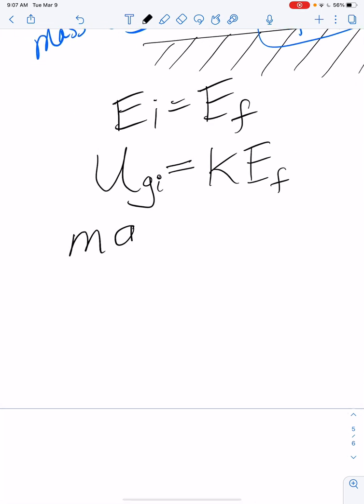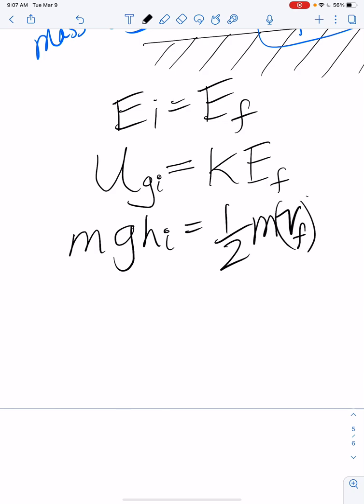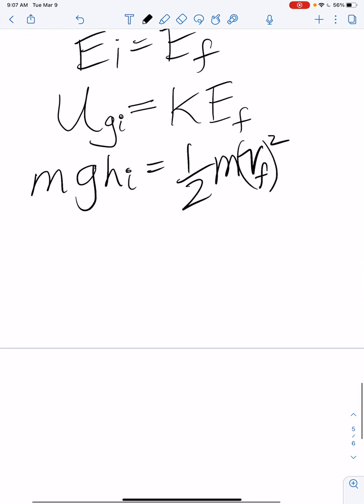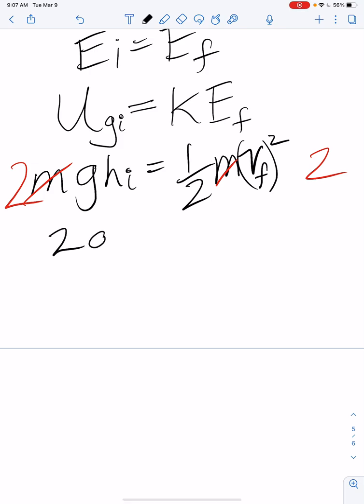All right, good. So let's go ahead and use our formulas. So we have mgh_i is equal to 1/2 m v_f squared. And we can go ahead and cancel away the m's. That's very nice. And this is a lot like the first problem we did. We'll multiply both sides by 2, kick that 1/2 out of there and get v_f alone, so we can solve for it.